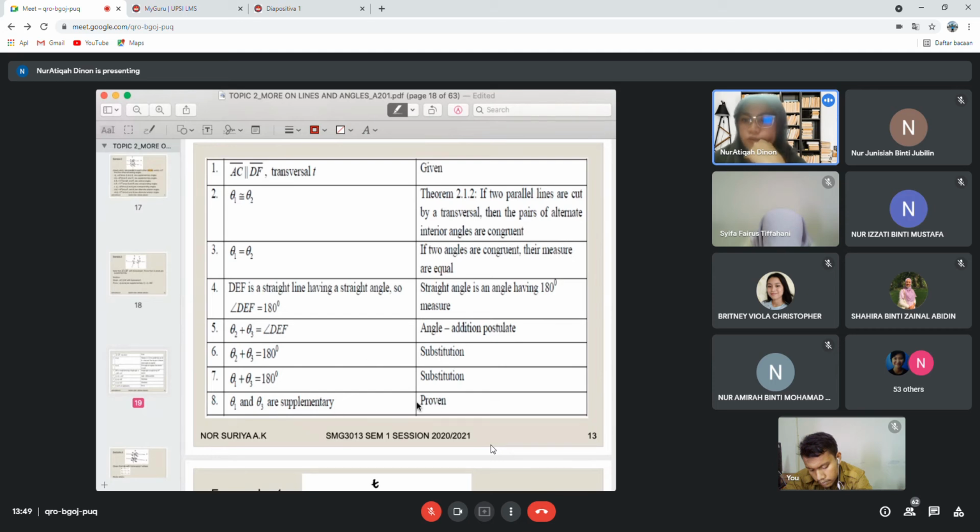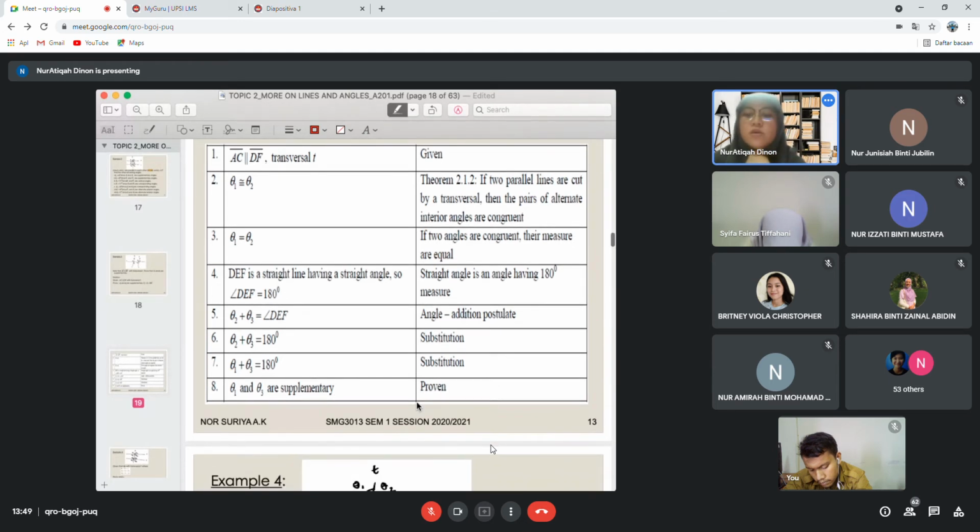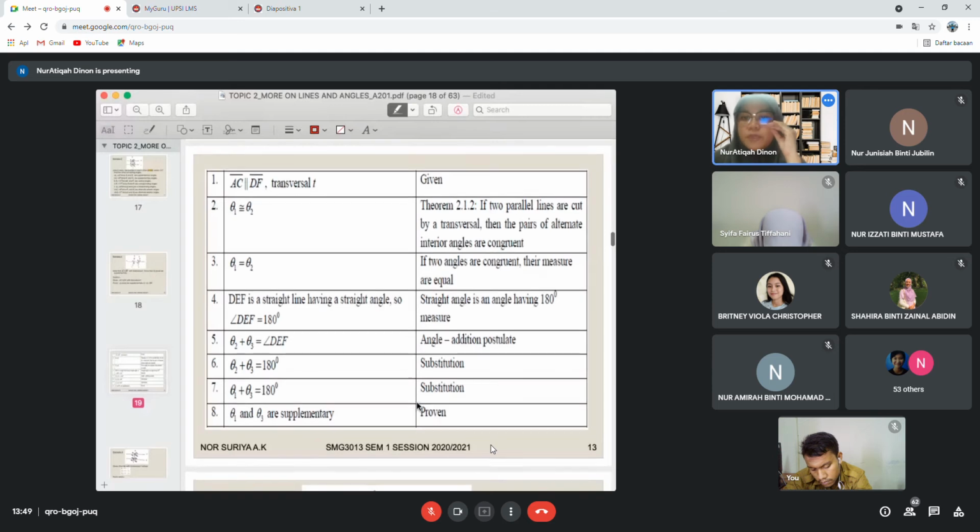So it's proven. Okay, so for those who are still confused, you don't have to worry because I also had a lot of confusion before. You try to look at lots of examples on the website and read the explanations.